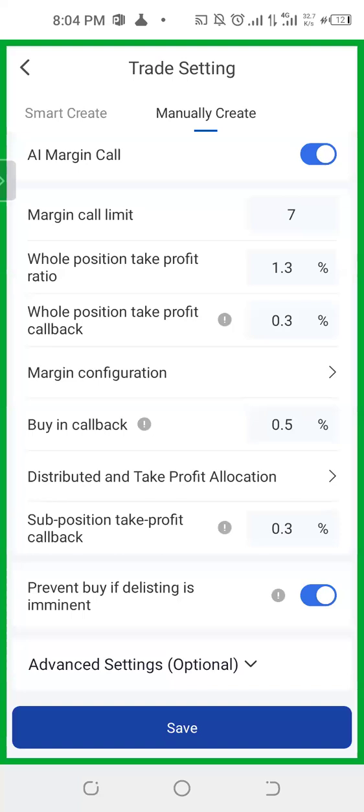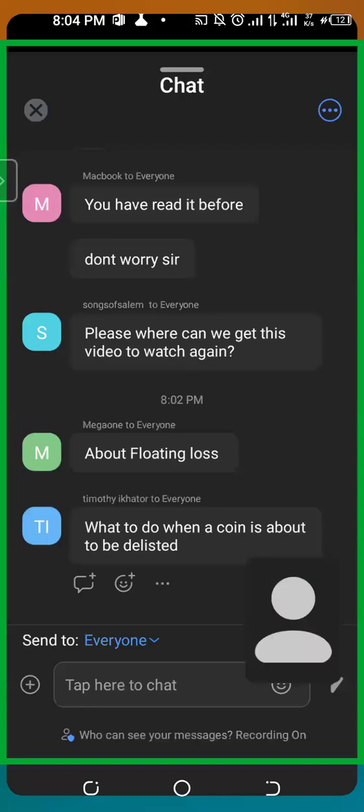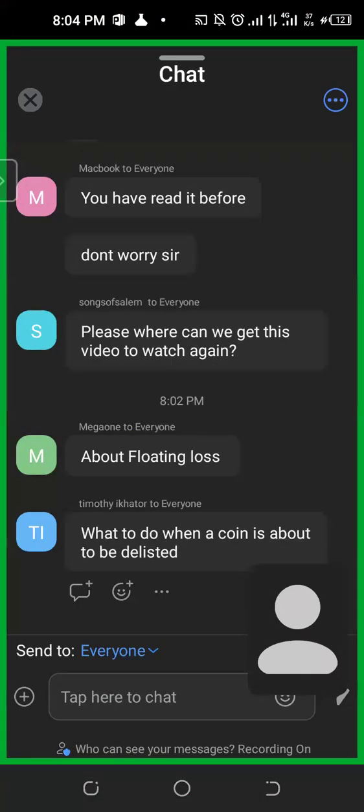So if you mistakenly enter a coin that's about to be delisted, if the bot buys the first time, then maybe the second time it will not buy, or it might not even buy at all. So they've already put a preventive measure in the bot so that we will not enter a coin that's about to be delisted.